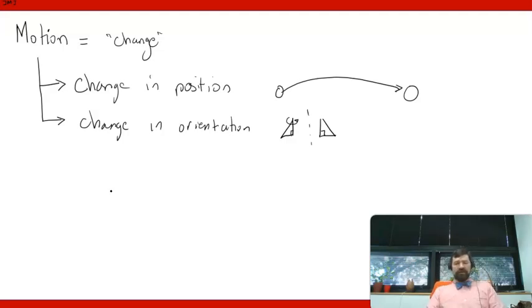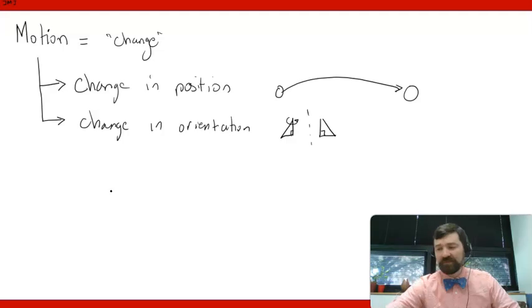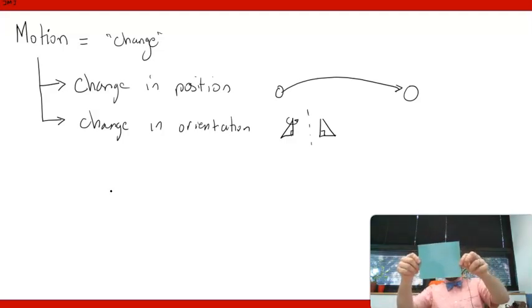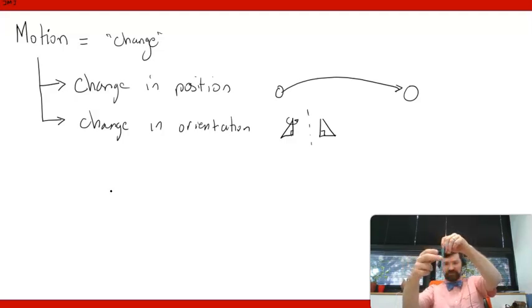Okay. Has the position of the triangle changed? Well, in this drawing that I've given, yes, but you could imagine a piece of paper, for example. Let me find one that I can actually hold up. So I have a piece of paper here, and I spin it about like so. Has the position of this piece of paper changed?